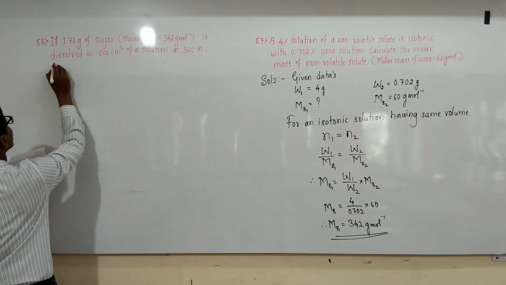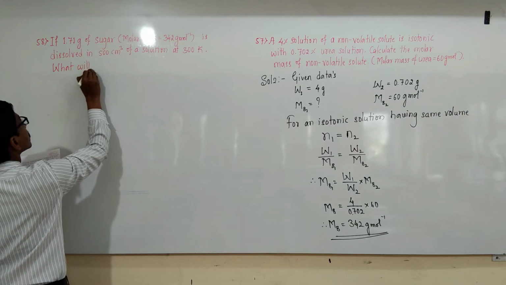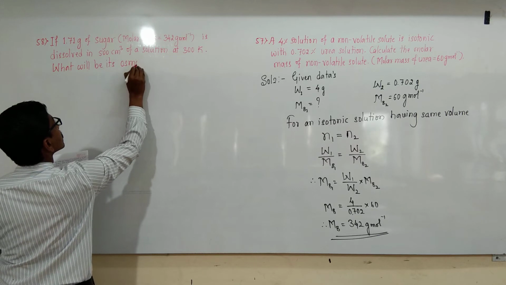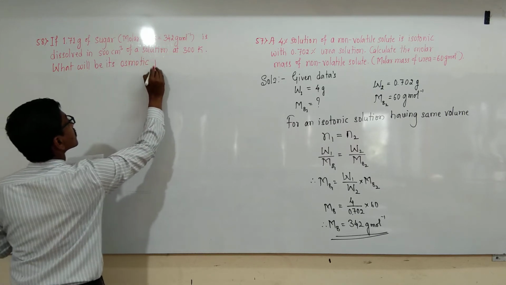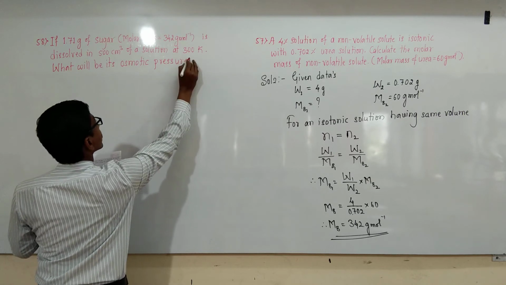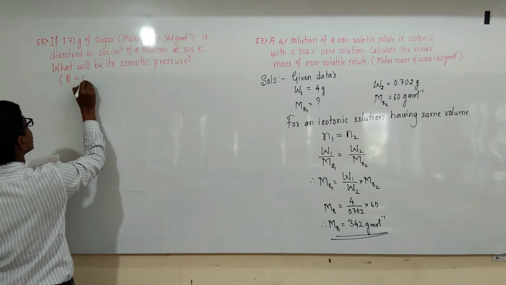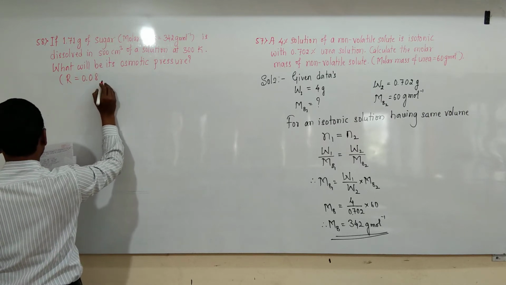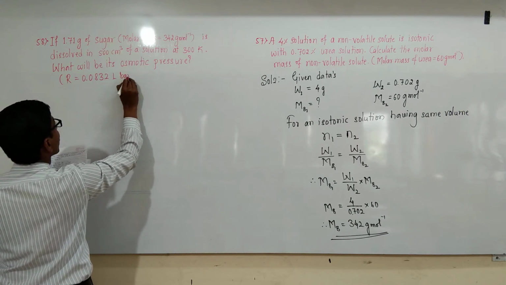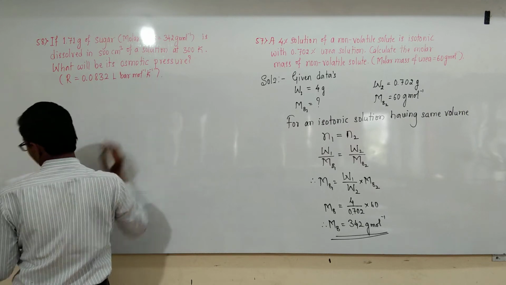What will be its osmotic pressure? R value is 0.0832 liter bar per mole per Kelvin.